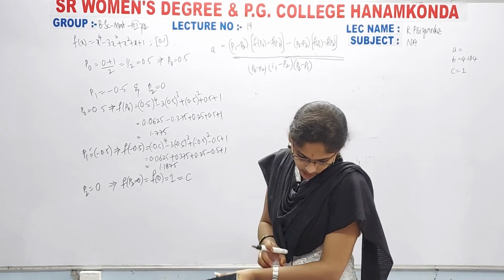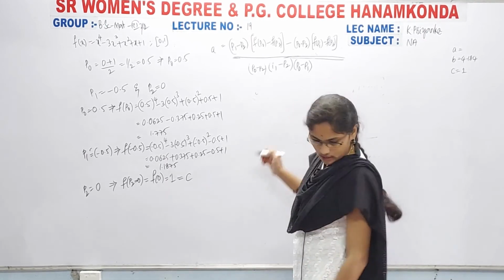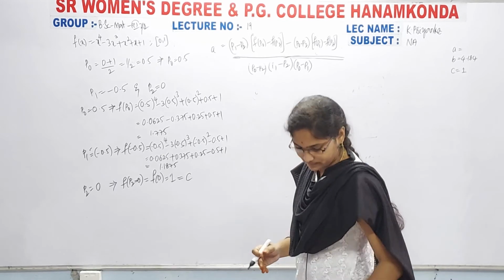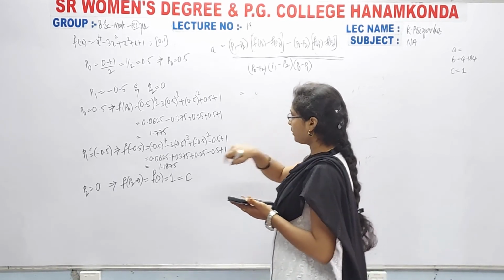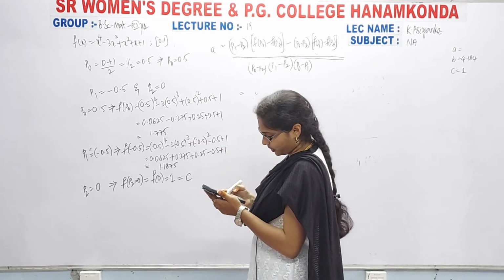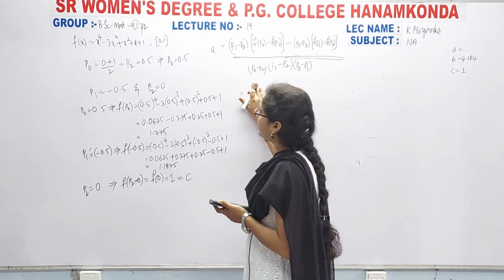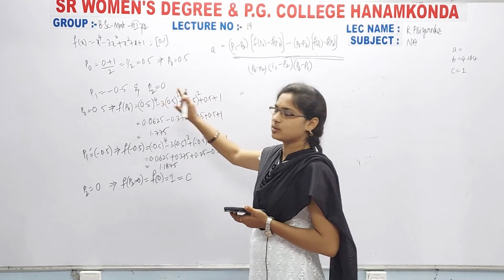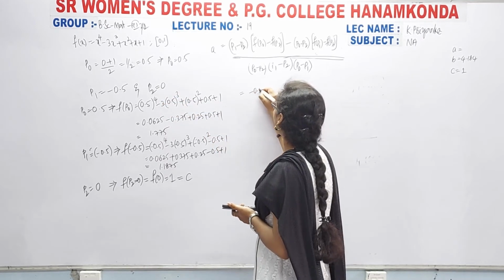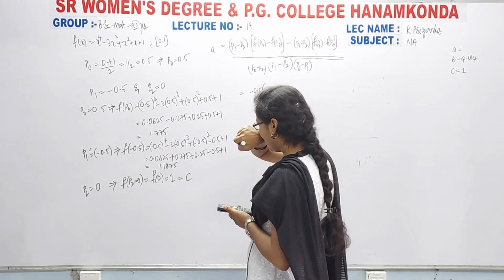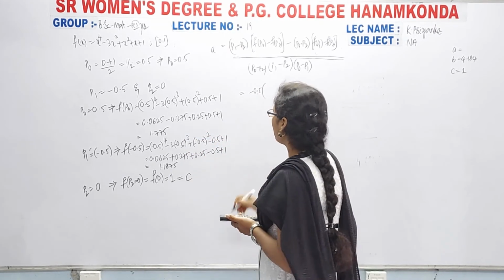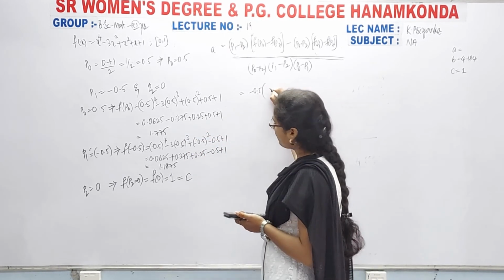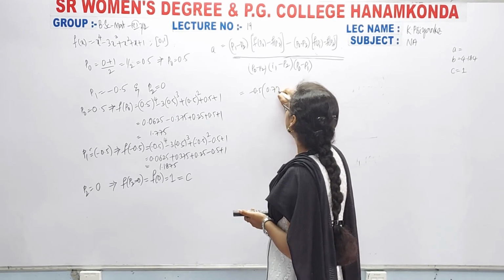So now again we have to take the calculator. Now P1 minus P2, directly I am taking P1, that is minus 0.5 minus P2, minus P2 means 0, so it is minus 0.5 of f of P0, 1.775 minus 1, so it is 0.775.